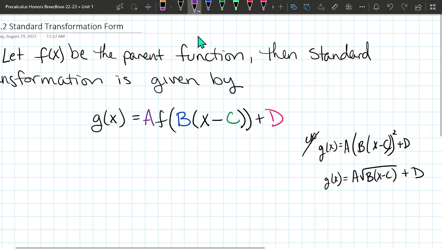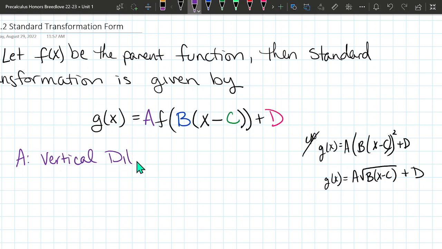And if we look at the a value, a is going to represent vertical dilation. So if a is greater than 1, then you're going to have a vertical stretch by a factor of a.